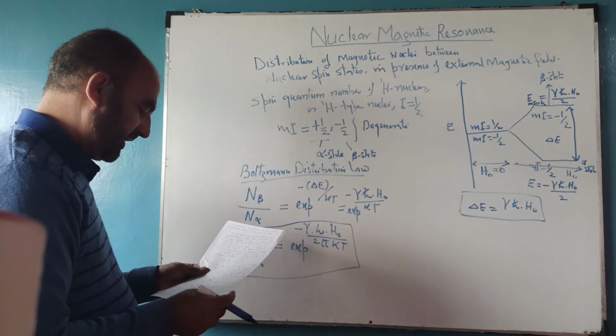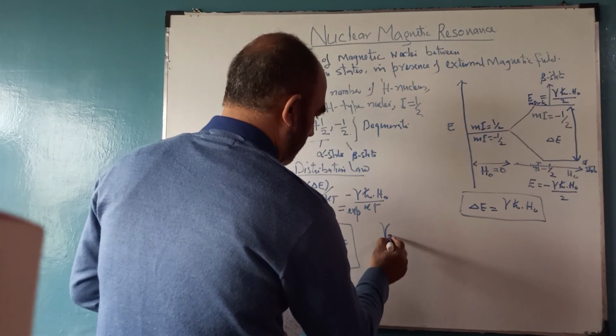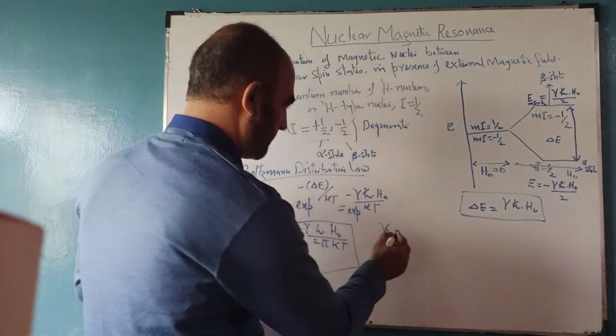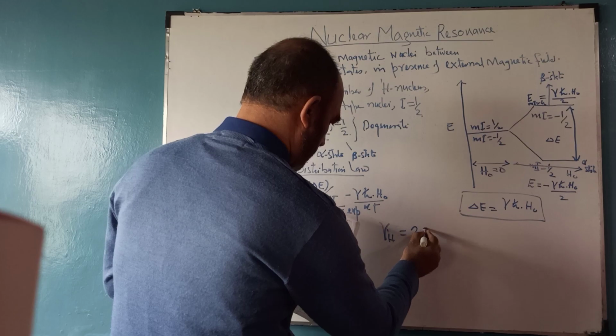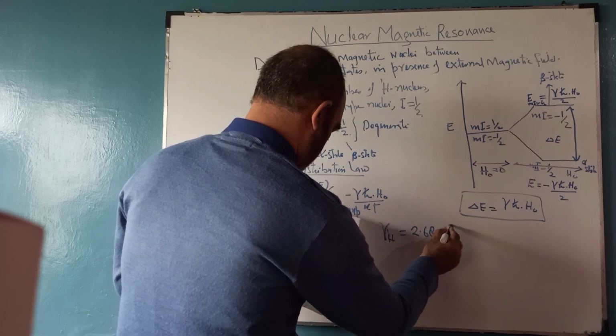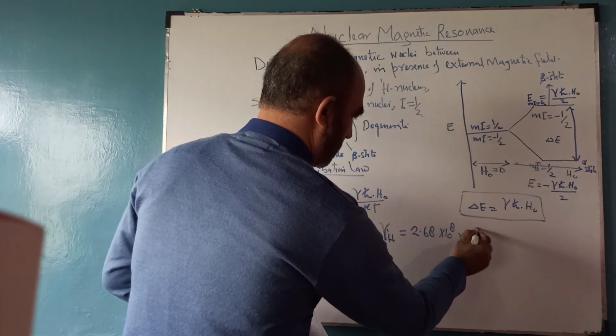So the values for these constants: the gamma value for hydrogen nucleus is 2.68 into 10 raised to power 8 radian per Tesla per second.